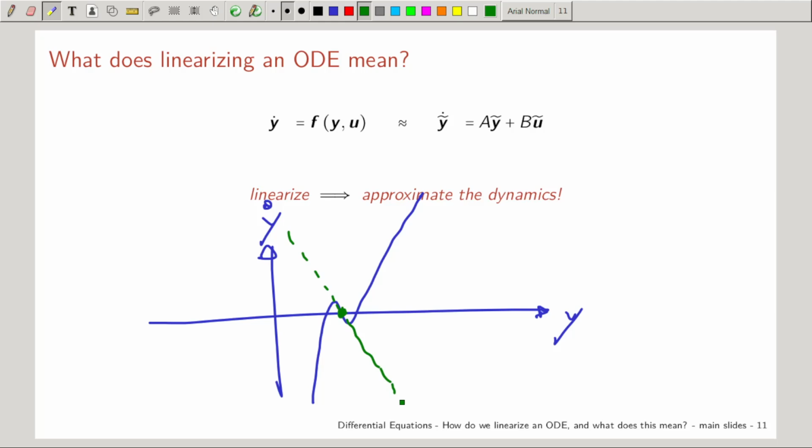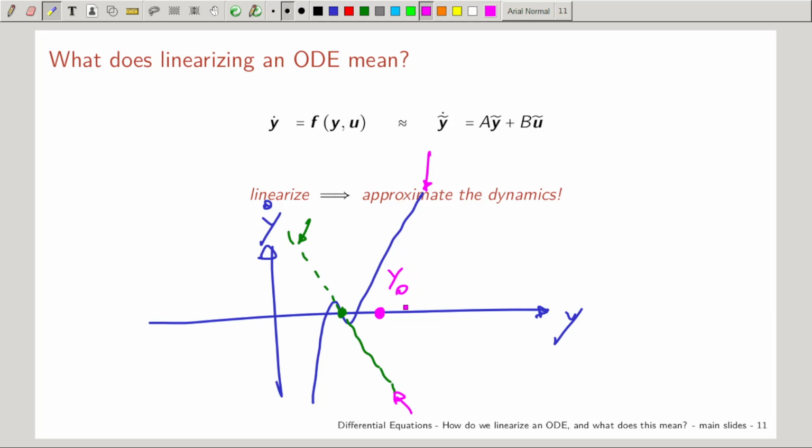The problem with this approximation is that whenever we do it, we are affecting the forecast in the future. And it might be a dramatic change of the forecast. If I start with this initial condition here, and this blue one is the true model, and this green one is the linearized model, given the true model, where do I go?